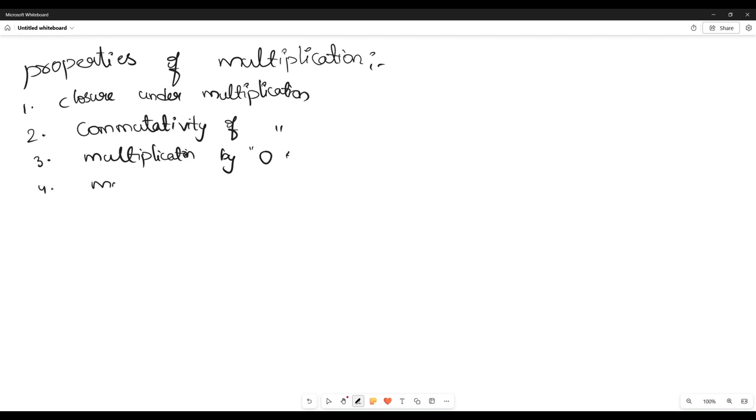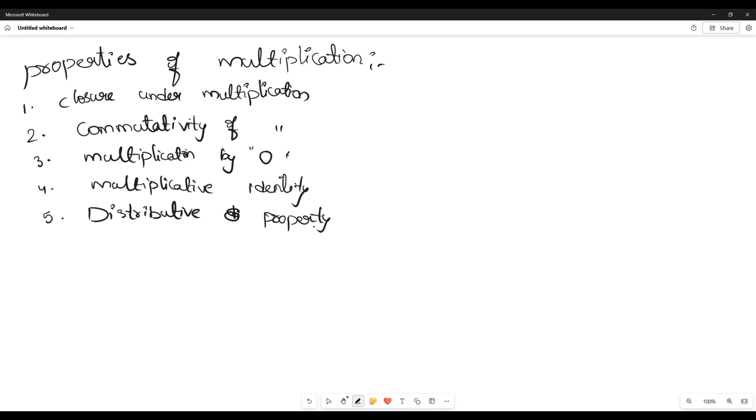The fourth is multiplicative identity. And the fifth is distributive property. And the sixth is associative property. These are the properties of multiplication. Let's see one by one.